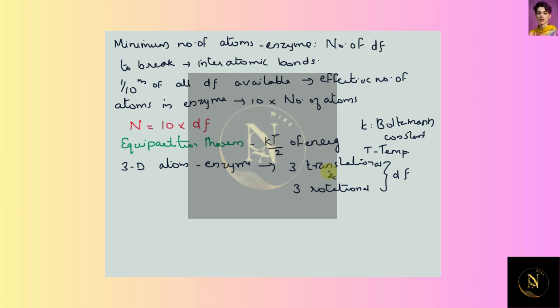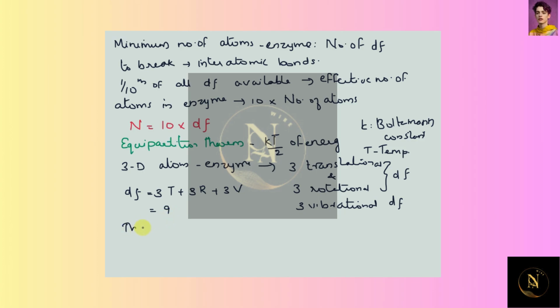So let us assume that each atom in the enzyme has 3 vibrational degrees of freedom, which is a reasonable assumption for a typical protein. Therefore, the number of degrees of freedom dF for each atom will be 3 translational plus 3 rotational plus 3 vibrational, which is equal to 9.